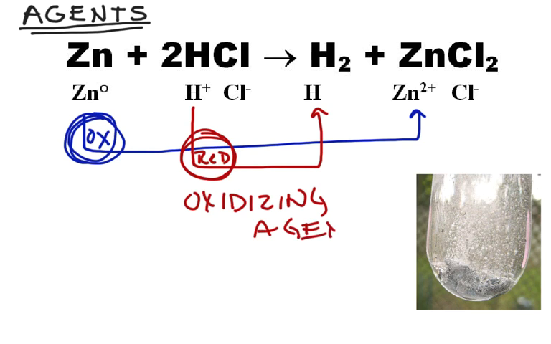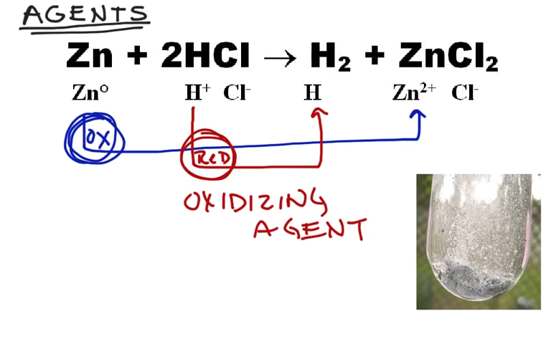In other words, that is the chemical that allows the zinc to get oxidized. Why does it allow it to get oxidized? To be oxidized, you have to lose electrons, and the hydrogen is there to gain the electrons. So hydrogen allows the zinc to be oxidized.